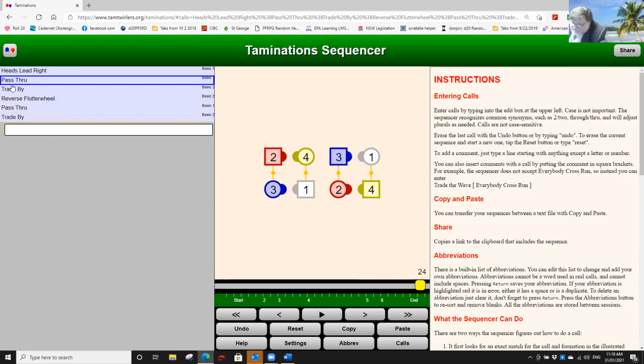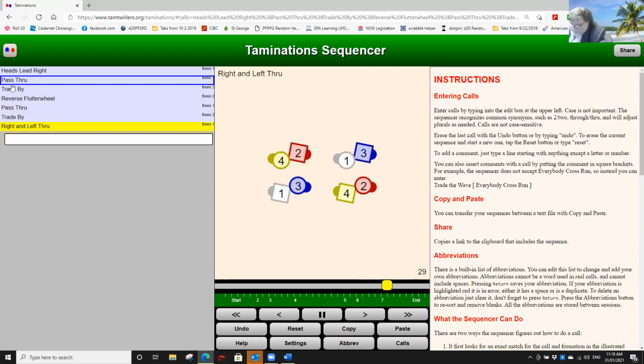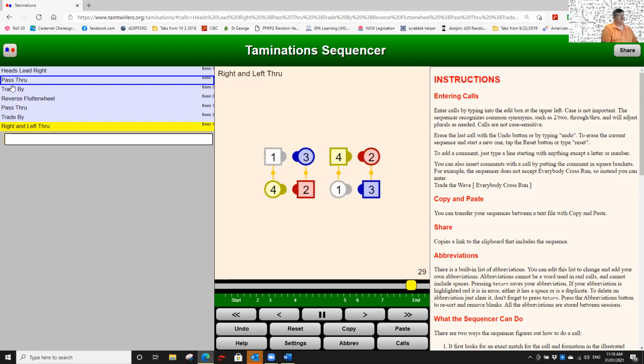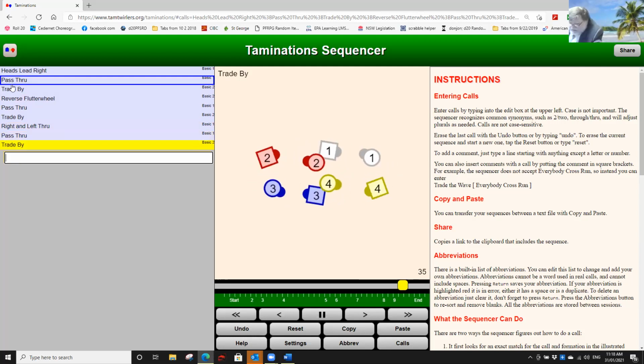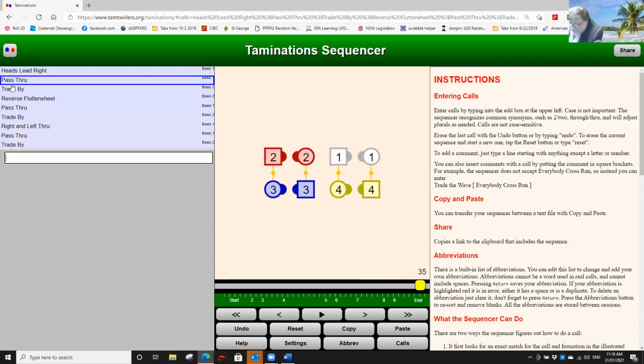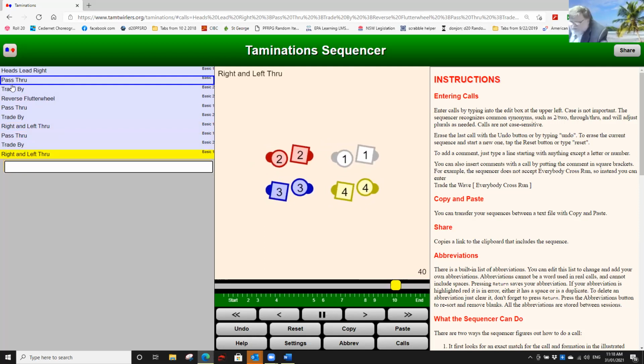And when you're in boxes and you do a right and left through, now they're in sequence. Now you pass through and trade by and do another right and left through. Remember, two right and left throughs. Everybody will be facing their partner again in sequence.